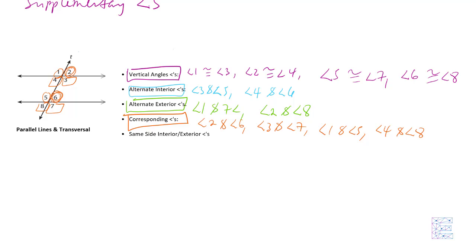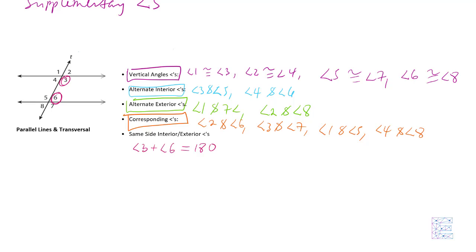So the last relationship I want to bring to your attention here is the same side interior and same side exterior. Same side interior and exterior are supplementary. That means if you have 3 and 6, those are on the same side of the transversal and they are inside of those parallel lines, those two angles would add up to 180. Same thing with the same side exterior.